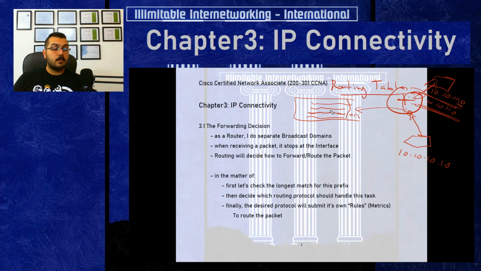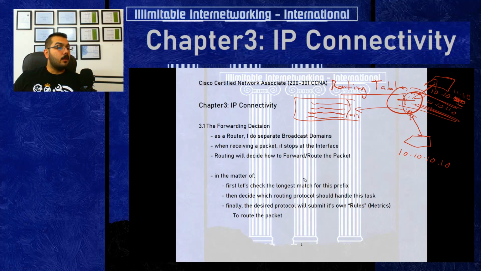So you must manually install and let the router know how to reach the subnet 10.10.11.0 or the host 10.10.11.10. Okay, this is not clear enough. This is 11 and this is 10.